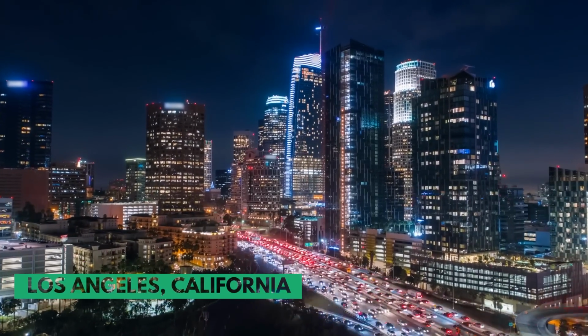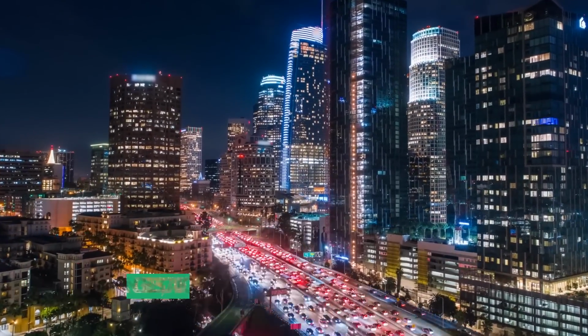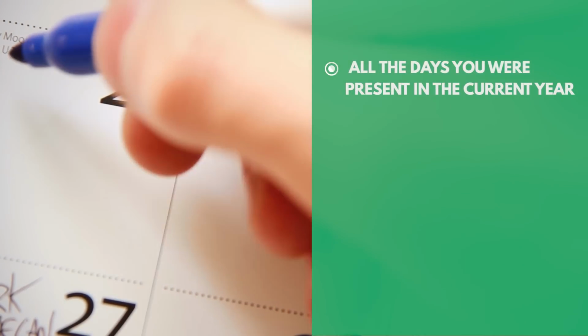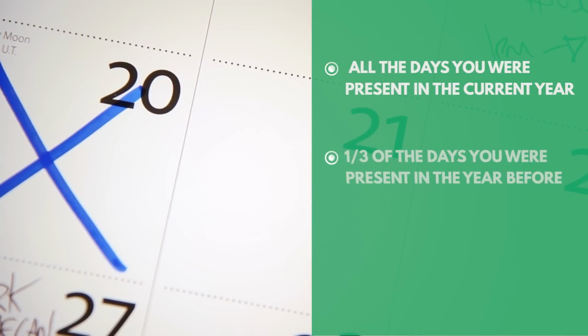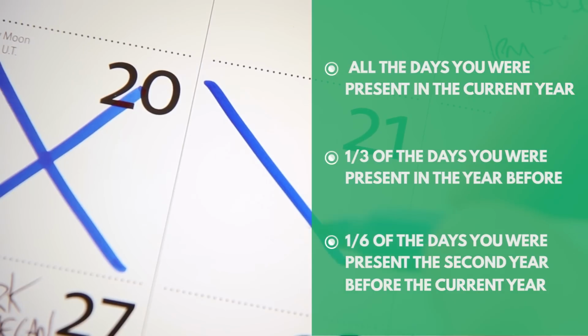To meet this test, you must be physically present in the United States on at least 31 days during the current calendar year and 183 days during the 3-year period that includes the current calendar year and the 2 years immediately before that. So all the days you were present in the current year, 1/3 of the days you were present in the year before, and 1/6 of the days that you were present in the second year before the current year.